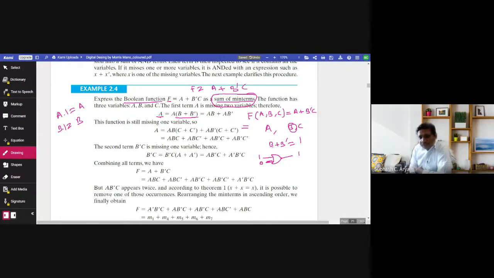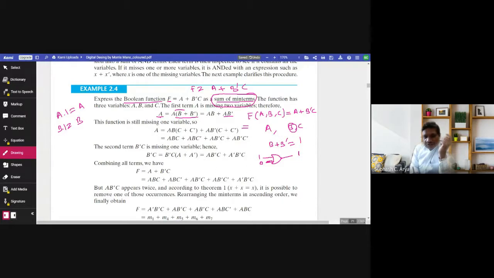So it means b plus b bar is equal to 1. And this is what we are trying to do here. We multiply a into 1, but that 1 is represented by b plus b bar, so it will be ab and ab bar. So we retrieved one missing variable in the function from the term a, which contains literal a.